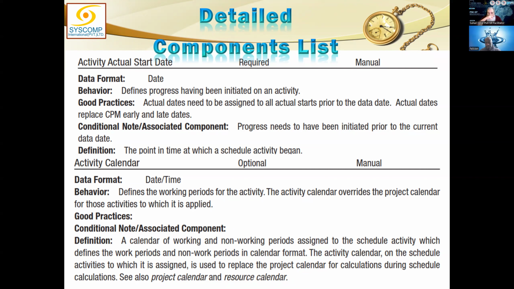So there is a difference between the project calendar and the resource calendar. This specifically is the activity calendar. This activity calendar is optional, not required. Yes, if you use that, you get one extra point for that.